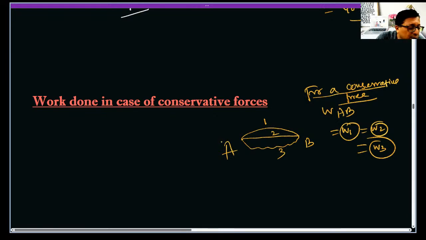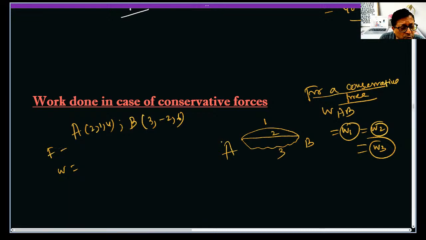This I have explained in a problem like W equal to, say we are taking an object from some point, say A (2, 1, 4), to B (3, -2, 6), by the application of a force, say i plus 2j minus 4k.